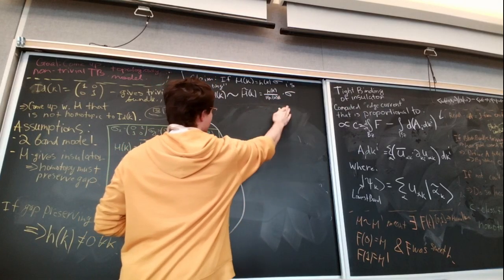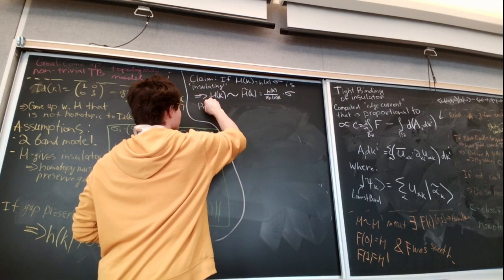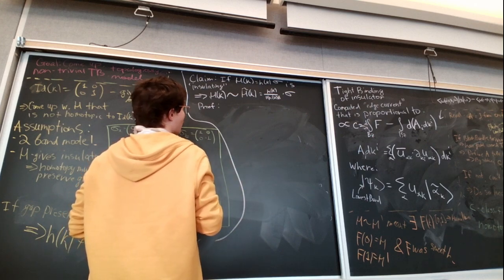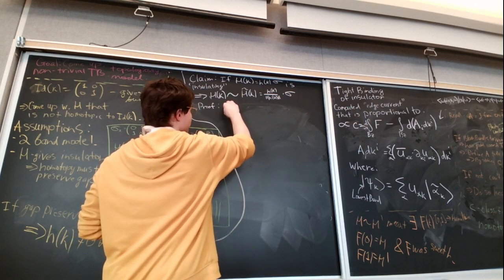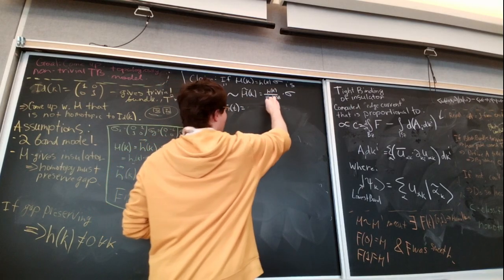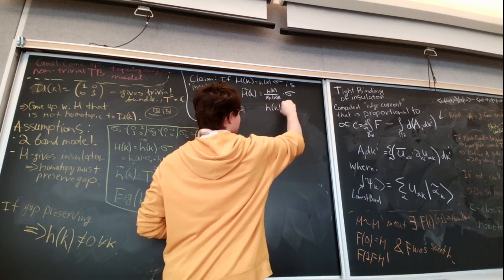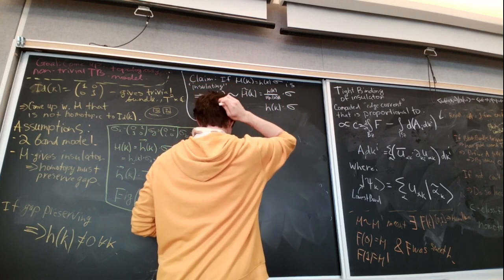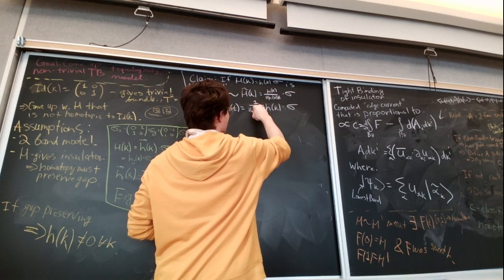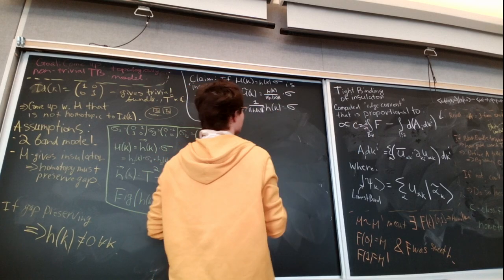This claim I can easily prove. The homotopy is I just have h of k dot sigma, but then I multiply it by 1 over the norm of h of k to the power of t.